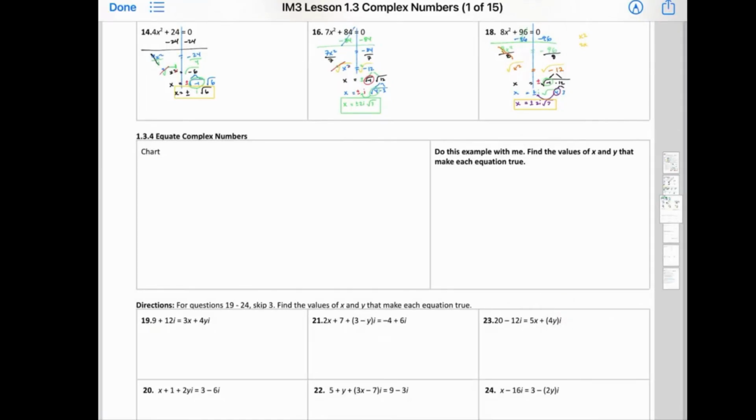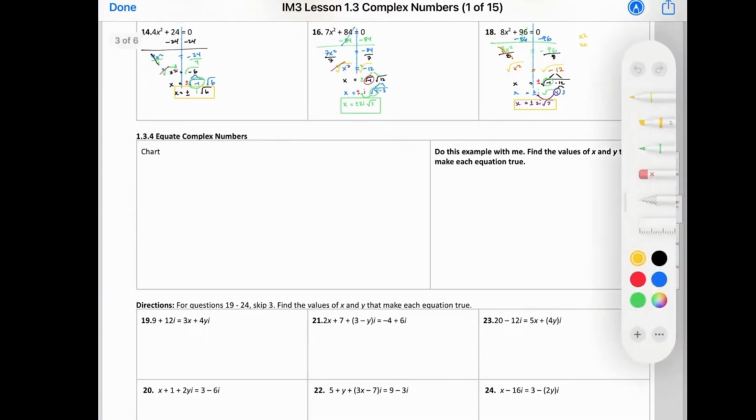Alright, let's go over 1.34, equate complex numbers. And before we do that, let's talk about complex numbers themselves. What is this wonderful math family? I'm going to draw a chart.